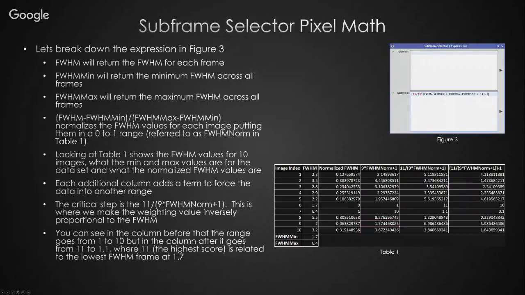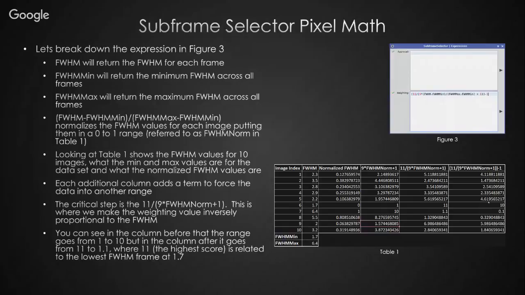But that's inversely proportional to the previous one. So now you can see, column 4 versus column 5, the lowest full width half maximum is now the highest value here. And conversely, the highest one in column 4 is the lowest one in column 5. So we've inverted that. And then the last step is just putting it in a 10 to close to 0 range.